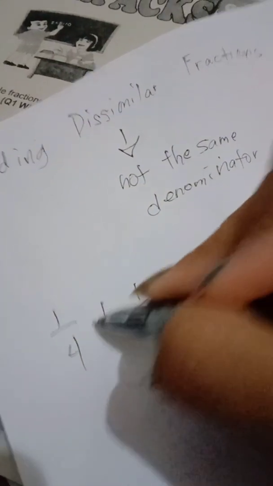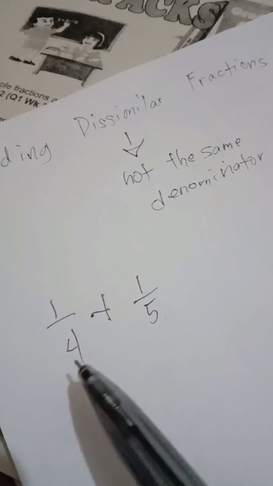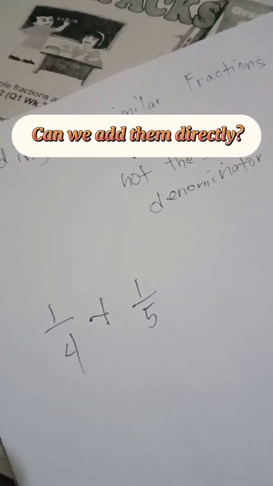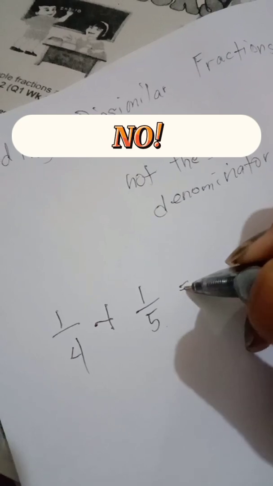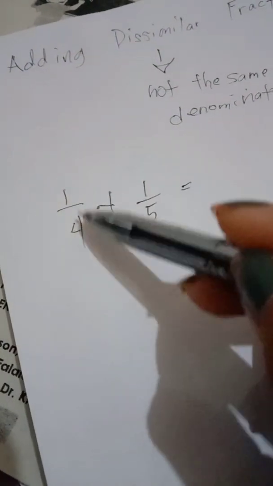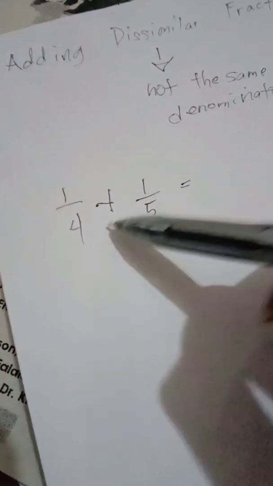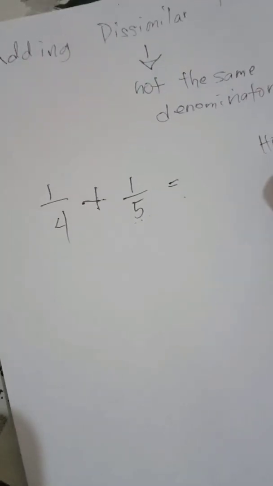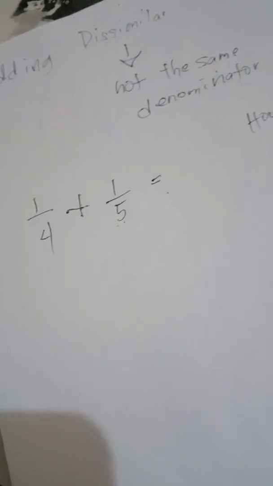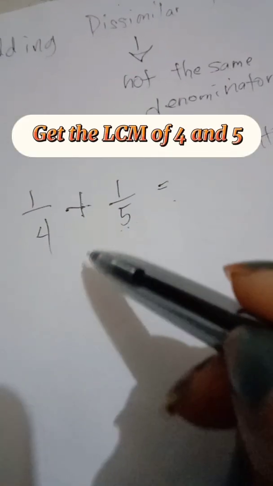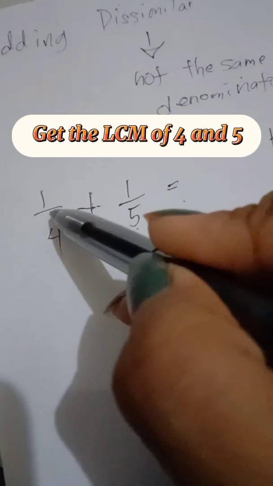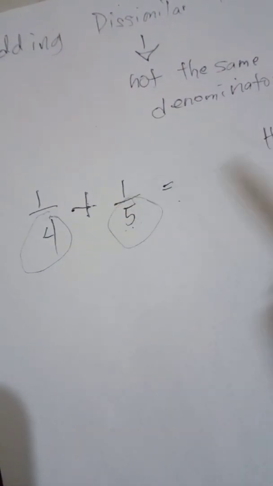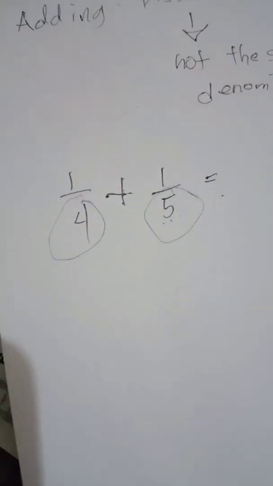So let's add it. Can we add 4 and 5 directly? No. So what we need to do is get the LCD of 1/4 and 1/5. We need to make their denominators the same. How are we going to do it? You have to get the LCM of 4 and 5. What is LCM?